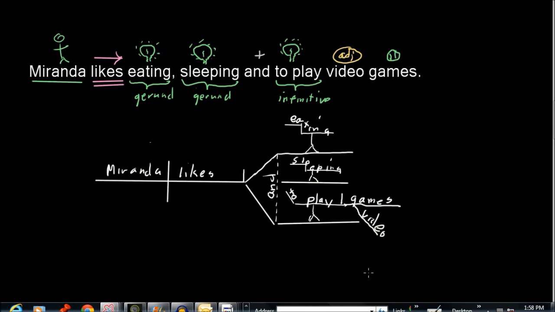Well, let's go ahead and correct the sentence and make it parallel. So now we have Miranda likes eating, sleeping, and playing video games. So instead of two gerunds and an infinitive, we now have three gerunds, and our series is parallel, which is preferred in academic and business writing.